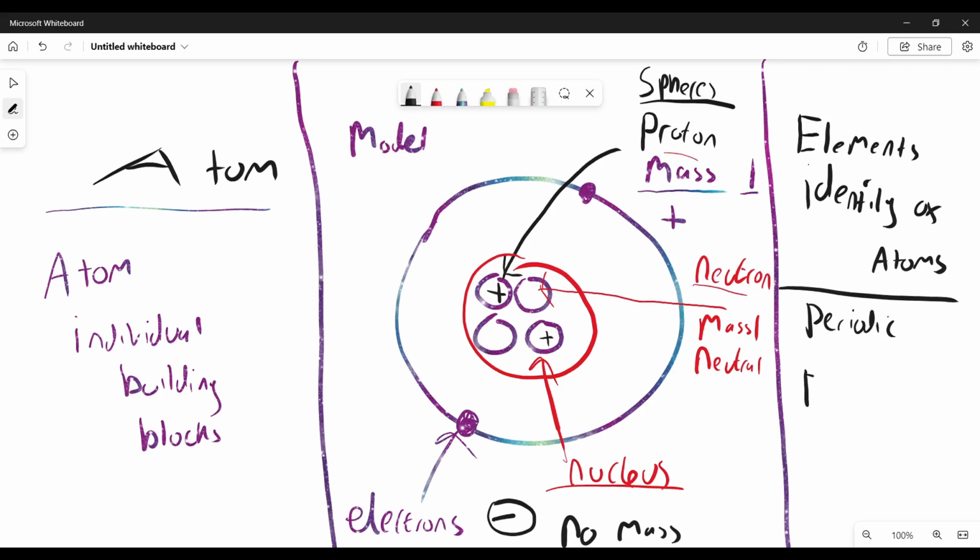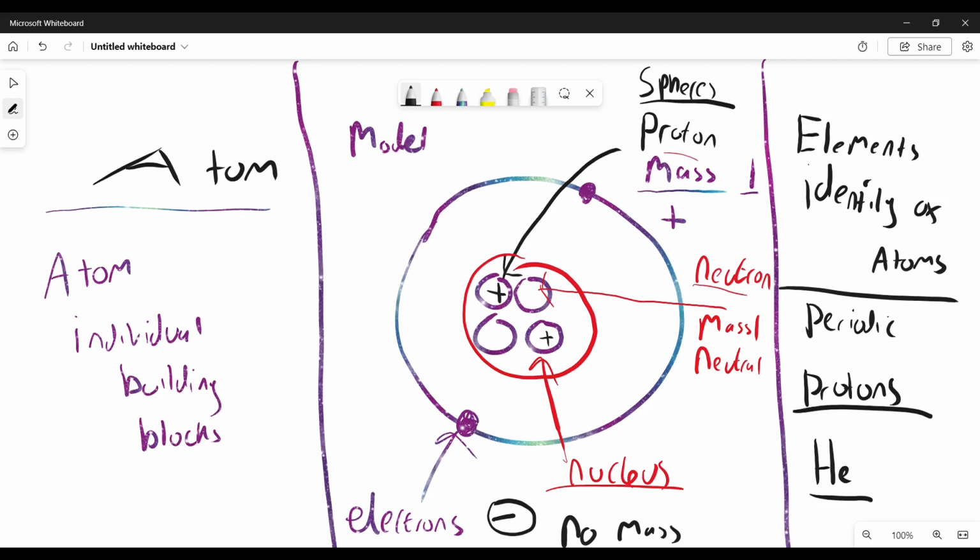Now, we distinguish atoms based on the number of protons they have. Again, this is something you need to commit to memory. This atom that we drew at the start is a helium atom because it has 2 protons. I will go through how you discover this from a periodic table in another video.